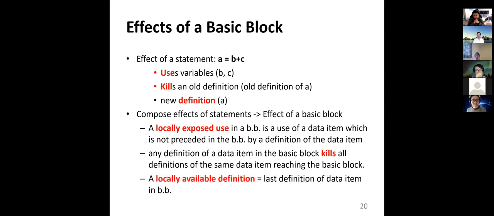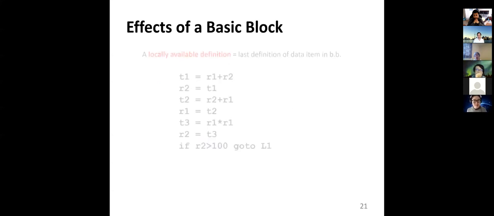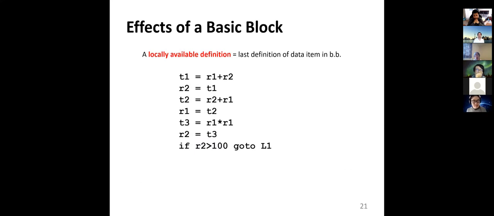So a locally available definition is the last definition of the data item in a basic block. This is the definition that's locally available outside of the basic block. Okay. So let's look at the piece of code here. Remember that a locally available definition is the last definition of an item in a basic block.